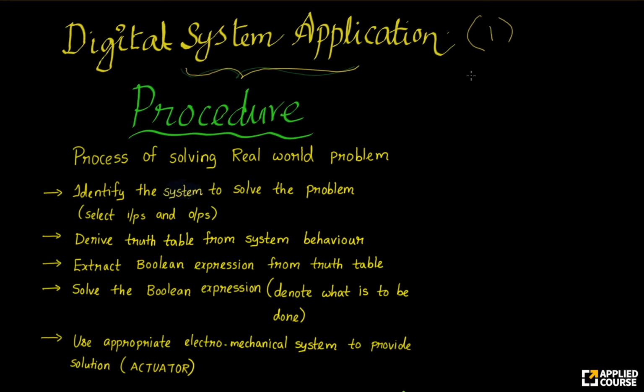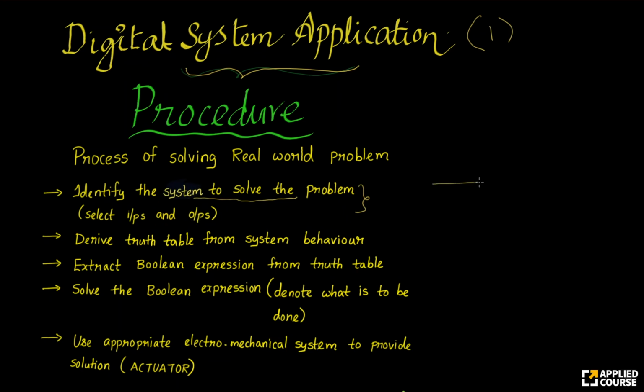Recap quickly: what is the process of solving the real world problem? Identify the system to solve the real world problem. What is the meaning of identify system? You have to select the inputs as well as associated outputs for the concerned problem.